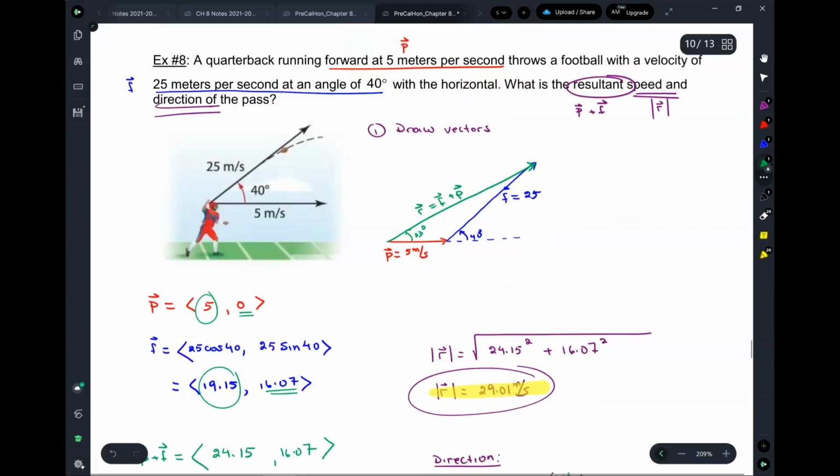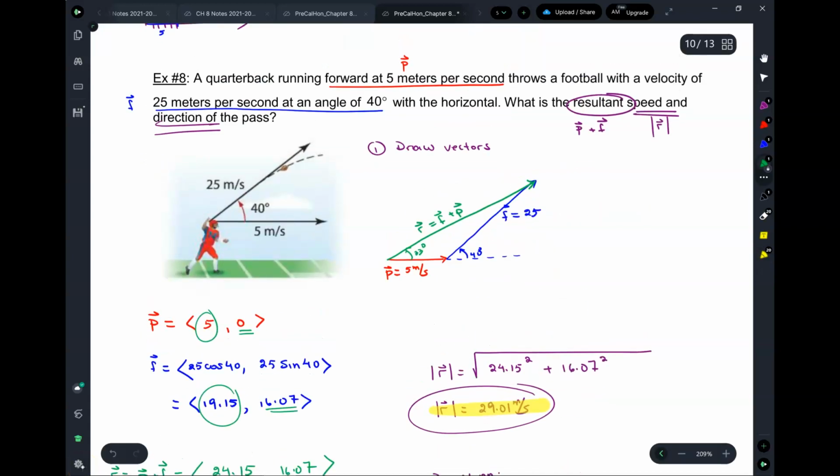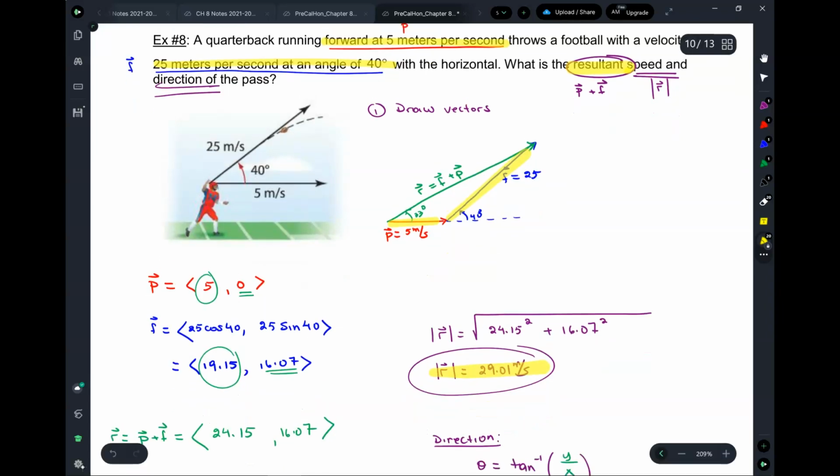So to recap, if you have two different vectors, you need to find the resultant. You have to basically do vector addition. So the most practical way to do it is this.